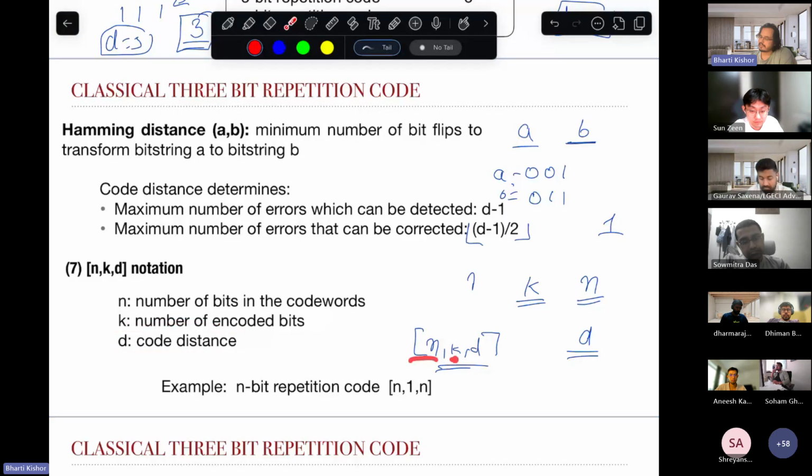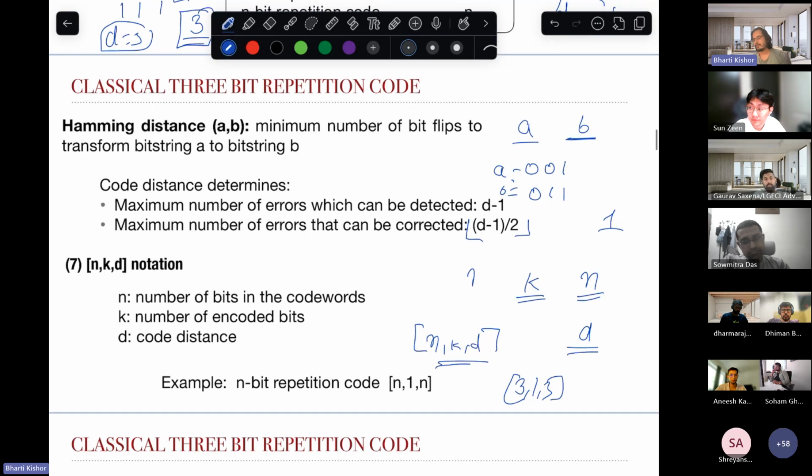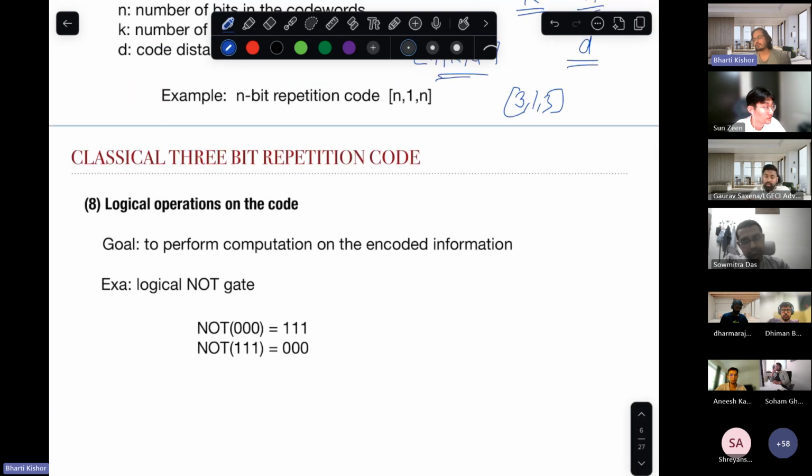So for example, for the n-bit repetition code, it is [n, 1, n], and for the 3-bit repetition code, it is [3, 1, 3], and so on.